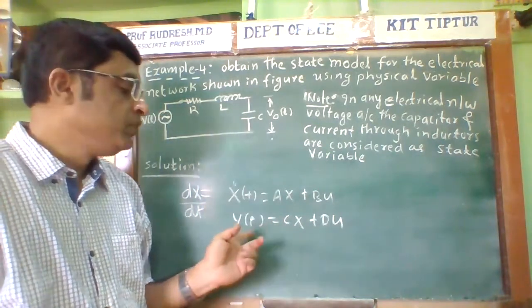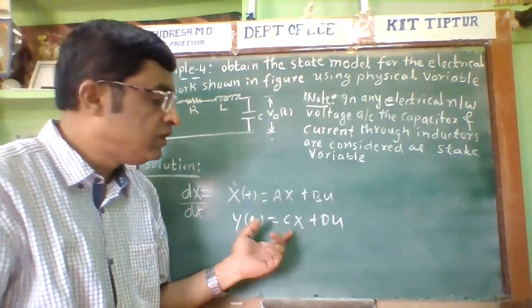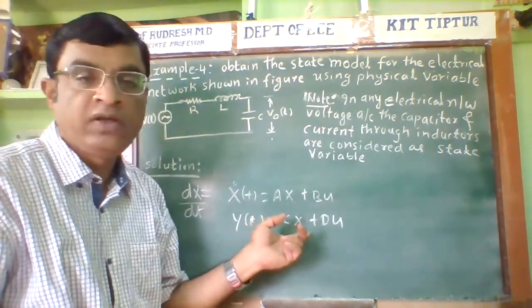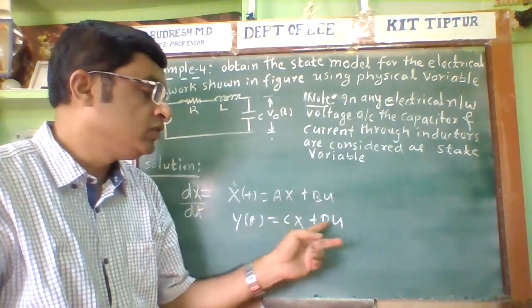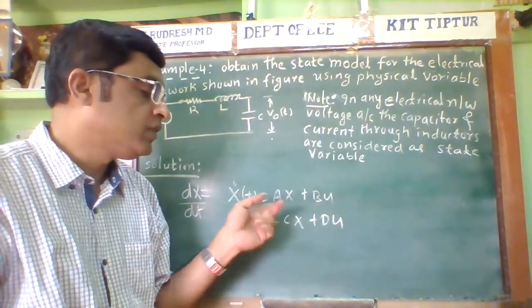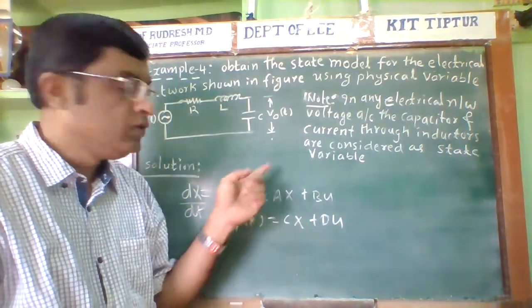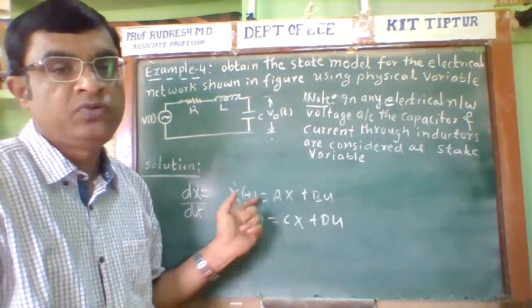Similarly, y of t is the output variable, a linear combination of the state variables and also the input. A is the system matrix, B is the input matrix, C is the output matrix, and D is the transmission matrix. So these things we should know.